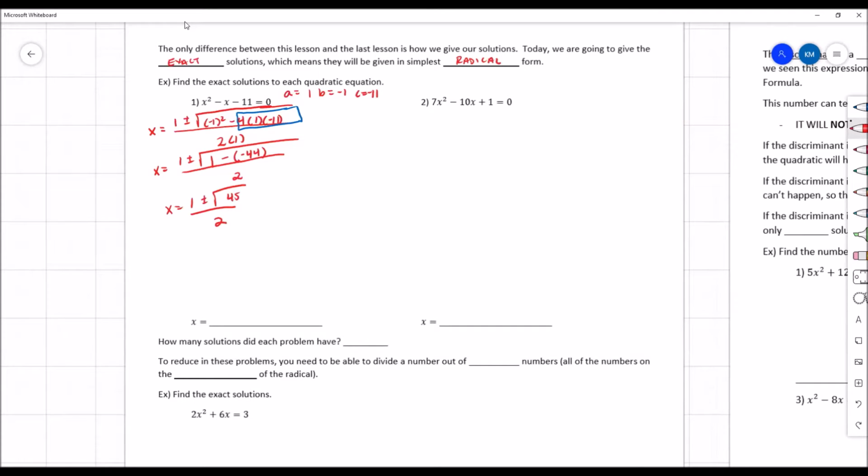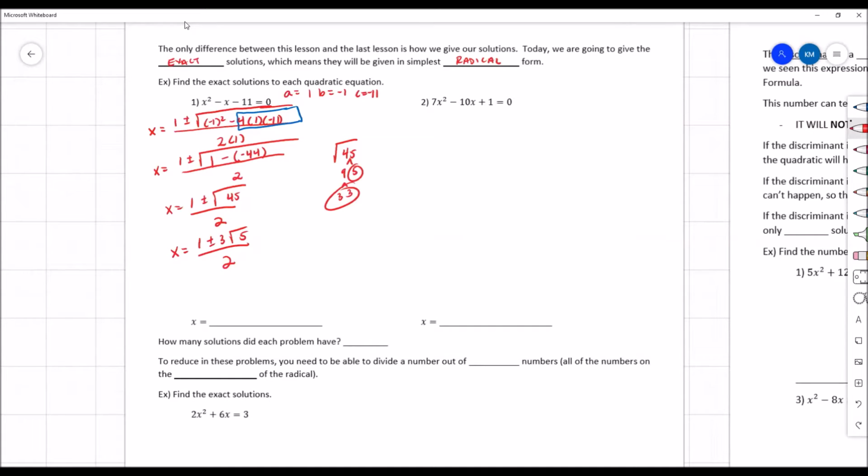We need to simplify, because we're given an exact answer and 45 is not a perfect square. We're going to leave this in simplest radical form by simplifying radical 45. So radical 45 breaks down to 9 and 5, 3 and 3. We have 3 radical 5. So x equals 1 plus or minus 3 radical 5 over 2.